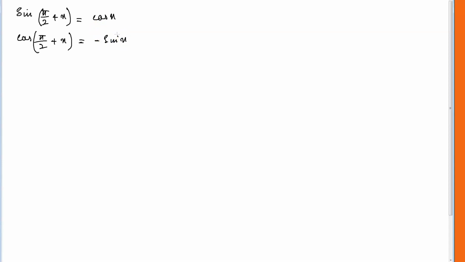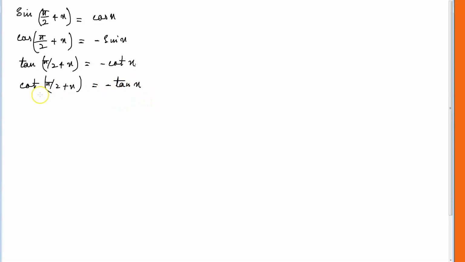And then we said that tan of pi by 2 plus x is equal to negative cot x. We said that cot of pi by 2 plus x is equal to negative tan x.